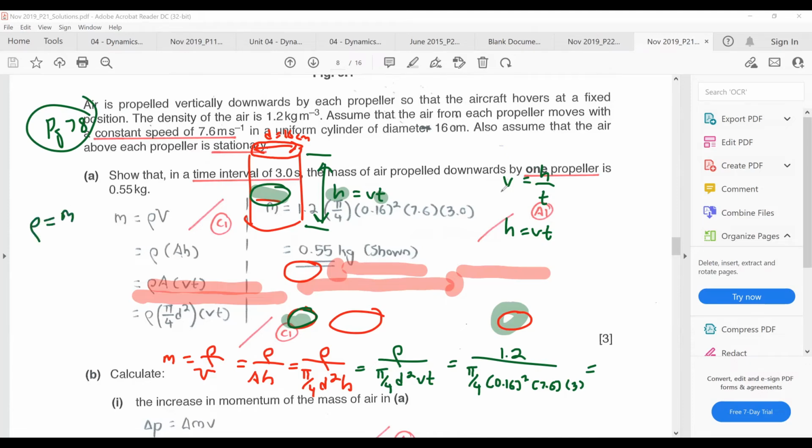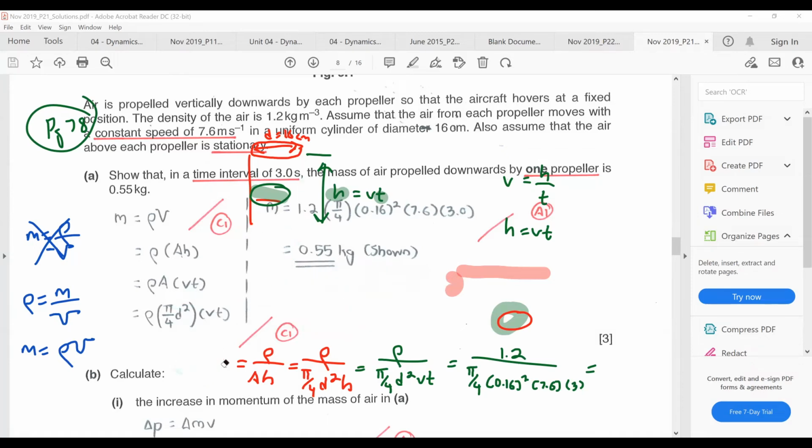Density is mass over volume. Sorry, just now I didn't notice that. This is not the definition of density. The definition of density is mass over volume. So mass is rho V. Otherwise, other than that, everything still is in order. Sorry. So this one is not correct. It is density times volume.